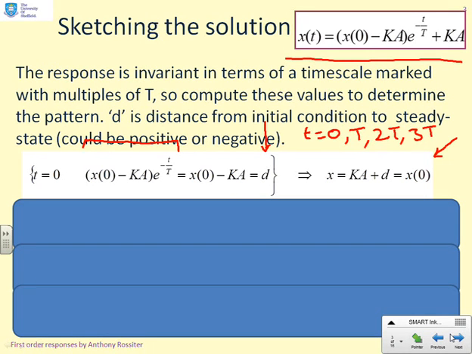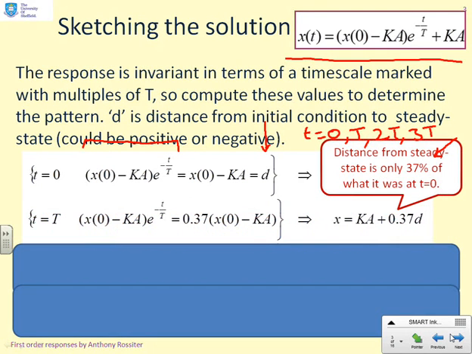Now let's see how this expands when we go to the next time instant, which is capital T. At capital T, we can now do some analysis, which you'll see is given there, that x of 0 minus KA e to the minus t over capital T becomes 0.37 times x of 0 minus KA, or, if I put it here, the value of x at time capital T is KA plus 0.37d.